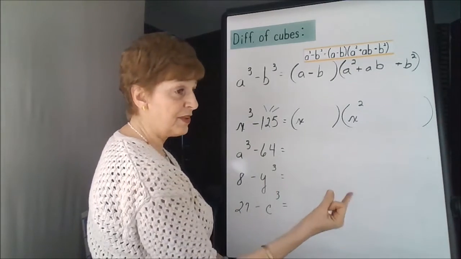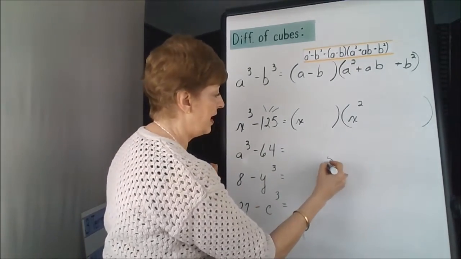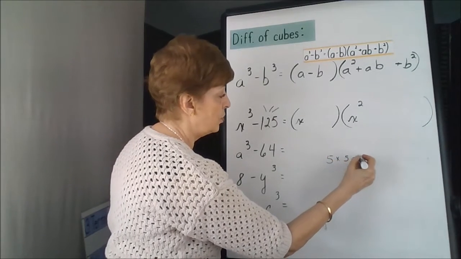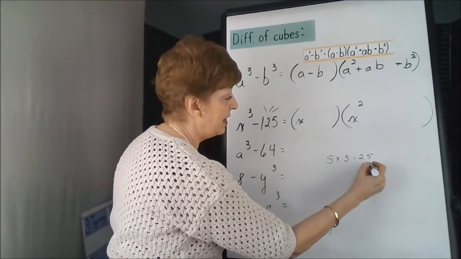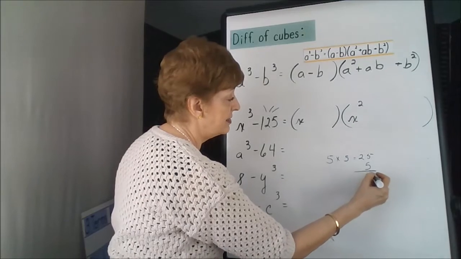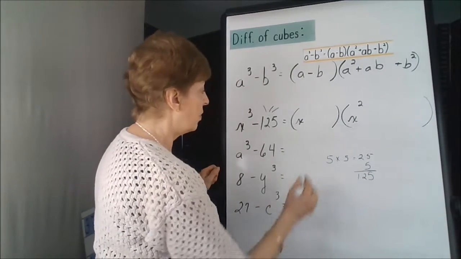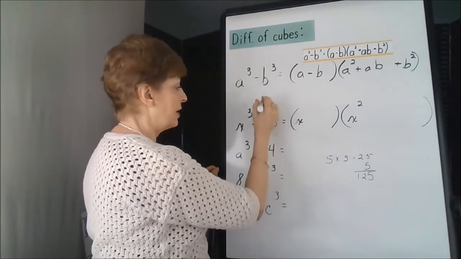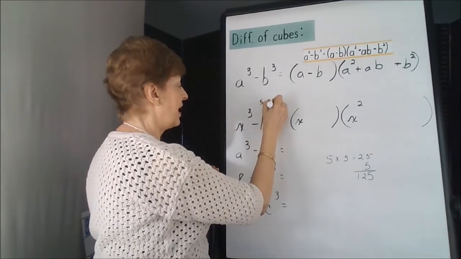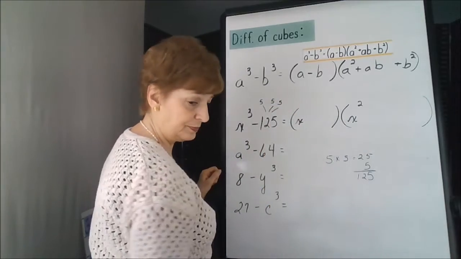Well, 5 times 5 is 25, and 25 times 5 is 125. So our cube root of 125 is 5 times 5 times 5.